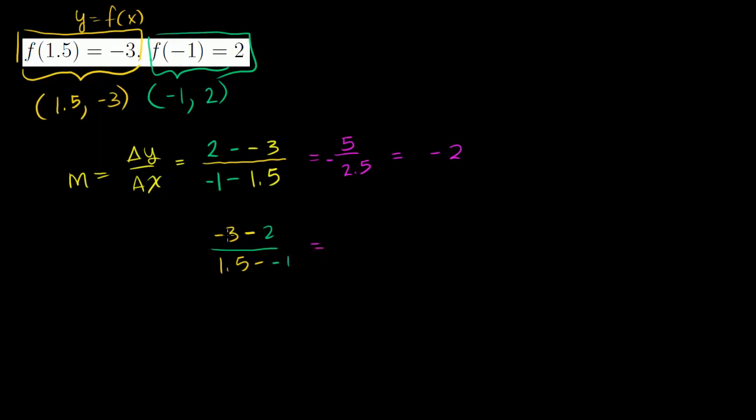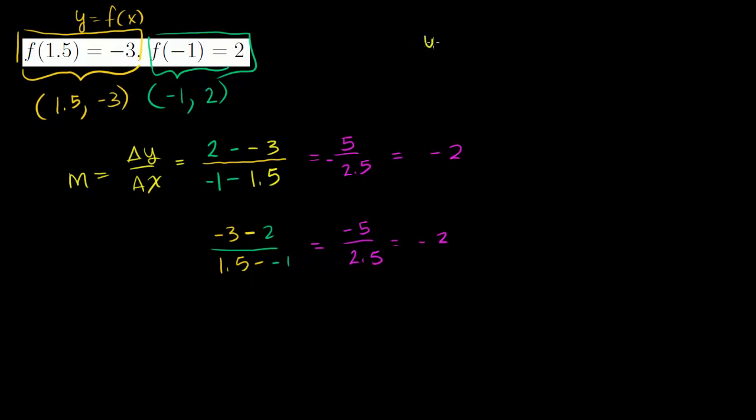Negative 3 minus 2 is negative 5, over 1.5 minus negative 1. That's 1.5 plus 1, so it's over 2.5. So once again, this is equal to negative 2. It doesn't matter which one you pick as the starting or the end point, as long as you're consistent. If this is the starting y, this is the starting x. If this is the finishing y, this has to be the finishing x. But anyway, we know that the slope is negative 2.